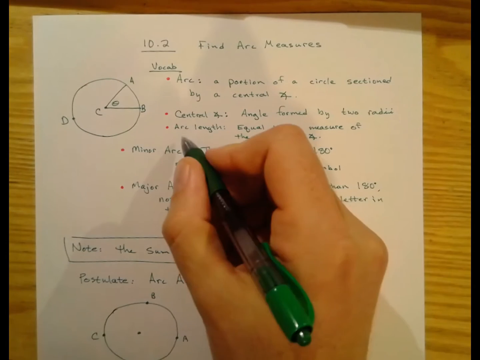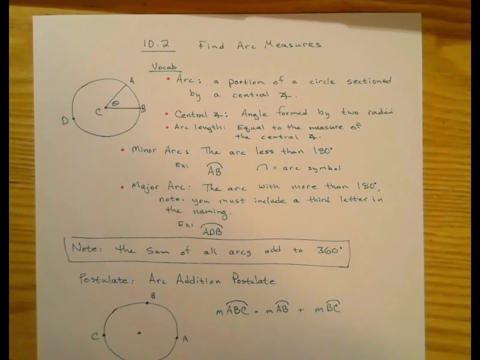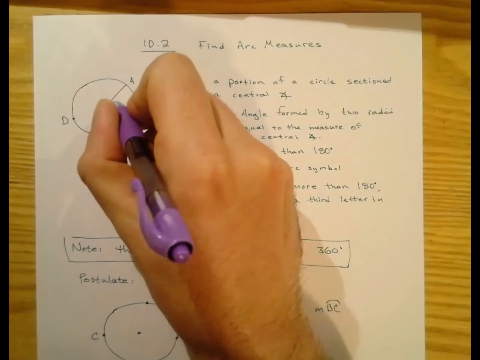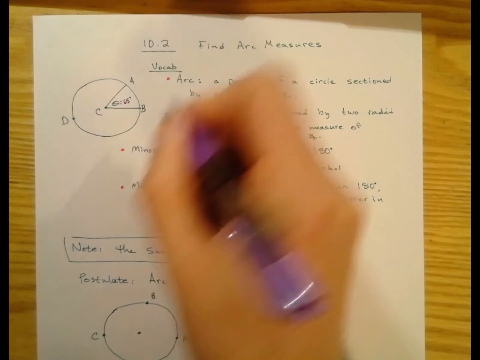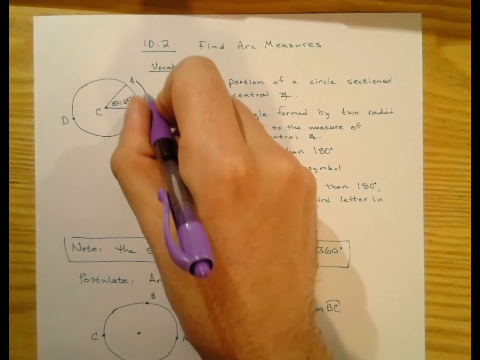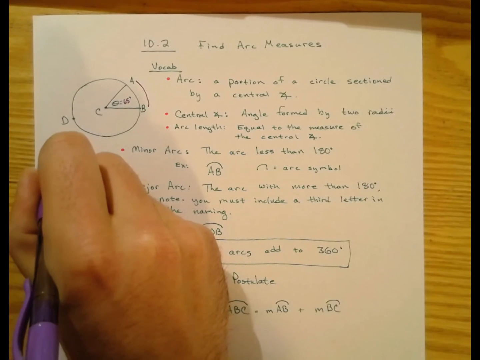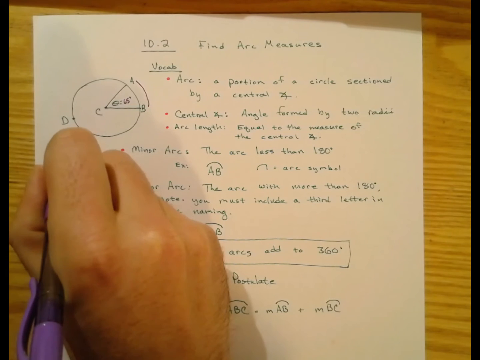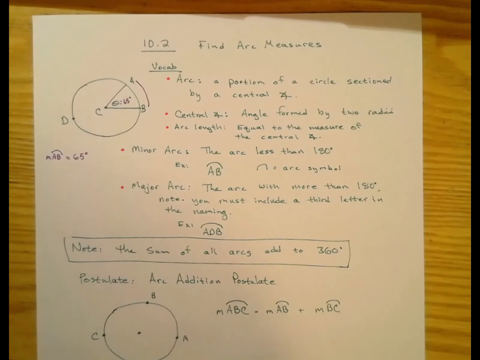And we can write that. So, for example, if theta here was equal to, I don't know, 65 degrees, the measure of arc AB is equal to 65 degrees.